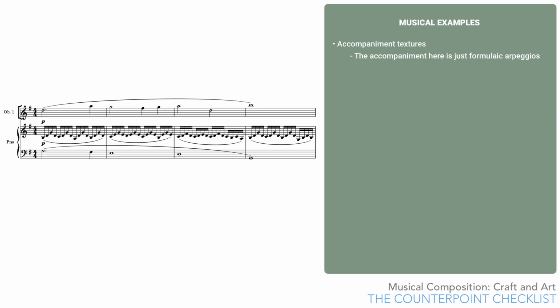What about this? Here I've made small changes to the right hand by adding a few passing notes and neighbor notes to the middle part of the arpeggio line. This makes the overall texture much richer, and it's more fun to play as well.